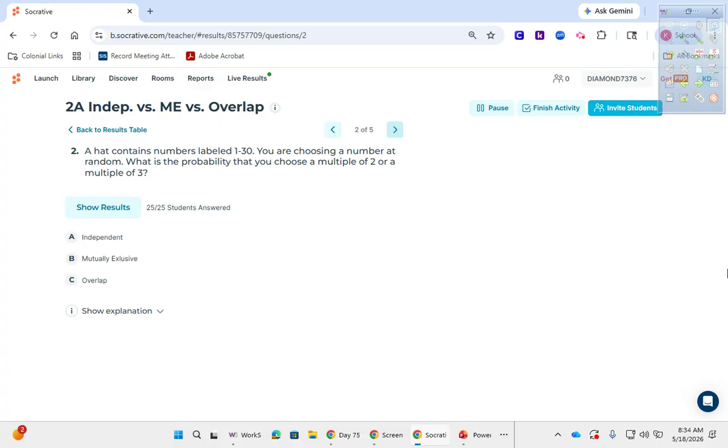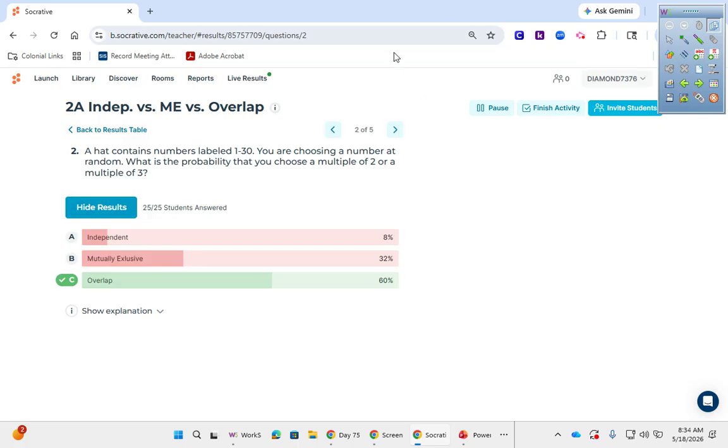Okay, now that I'm only picking 1, let me think about the 2 events. Multiples of 2: 2, 4, 6, 8, 10, 12. Multiples of 3: 3, 6, 9, 12. Those even numbers are multiples of 2 as well. There's some repeats here. It's one event with repeats. This one is overlap rather than mutually exclusive.